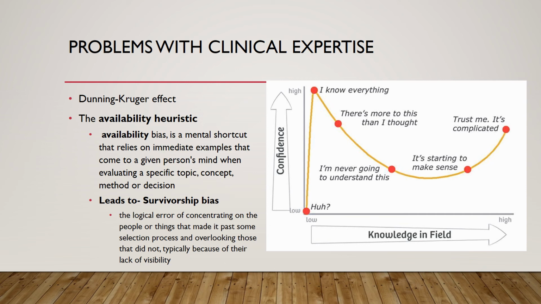Another one, and this is a two-part problem in many ways, is the availability heuristic, also called availability bias. So I'm going to read this to you. It's a mental shortcut that relies on immediate examples that come to a given person's mind when evaluating a specific topic, concept, method, or decision. More or less what this means is it's just what you can remember.